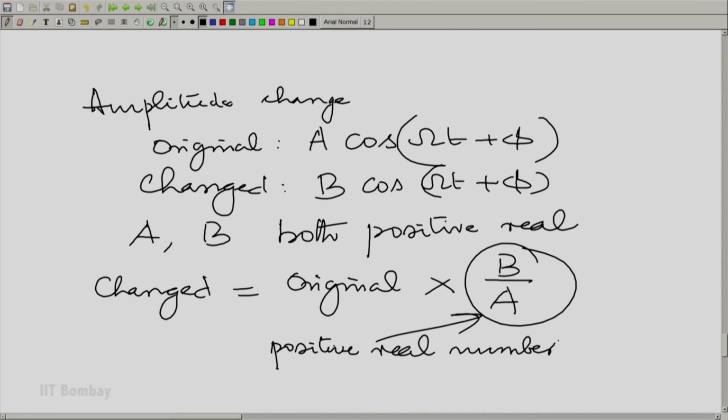So, it is very simple. You see, the change of amplitude in a sinusoid is beautifully and simply described by just a multiplying constant. Now, why is this important? Because if the sinusoid described the current in a resistor, for example, and the changed sinusoid denoted the voltage, essentially you could relate the current and the voltage by a constant called the resistance. That constant is positive real.